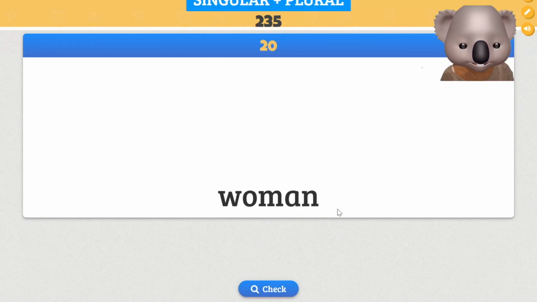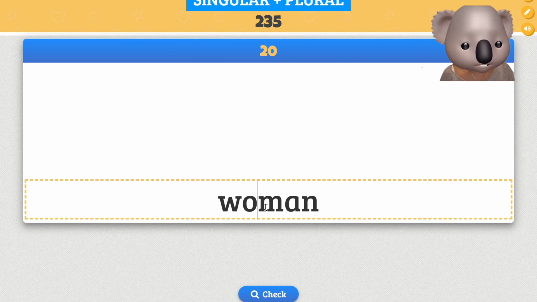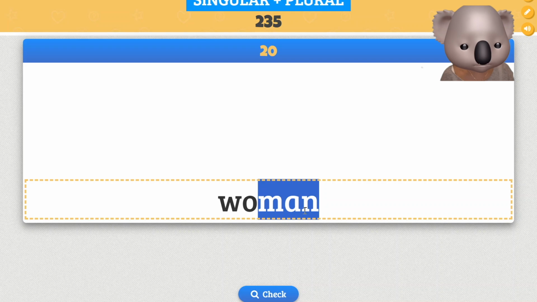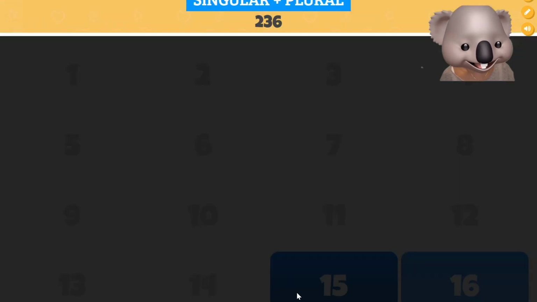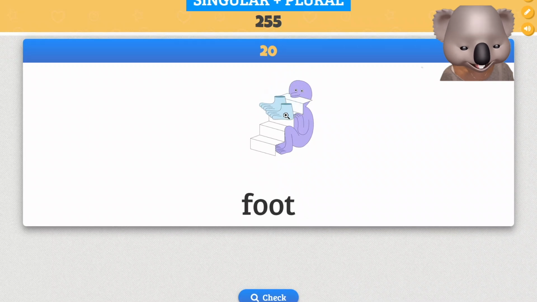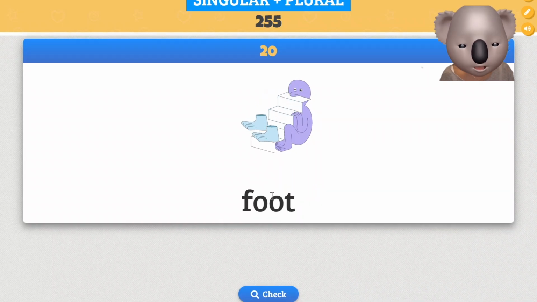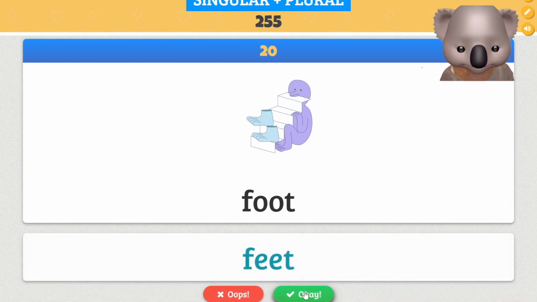Number 11. Woman. Remember, men 방금 좀 전에 man 한 것처럼 똑같이 바꾸면 돼. W-O-M-E-N. And number 15. Foot is also irregular. O-O 아니라 E-E. Good. F-E-E-T.